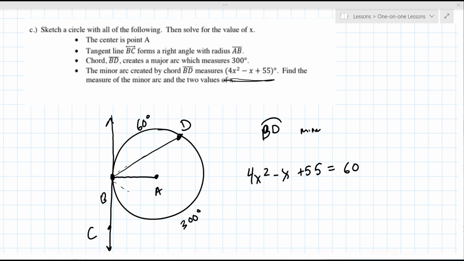So negative 1. So it should be 4 plus 1 plus 55. And it should be 60, so negative 1 is correct.